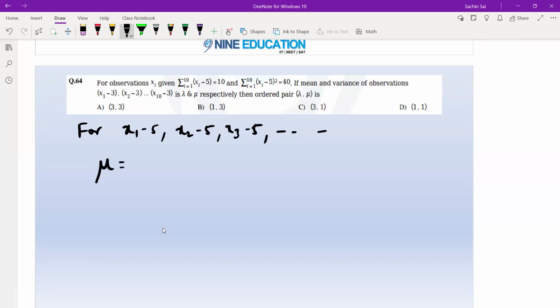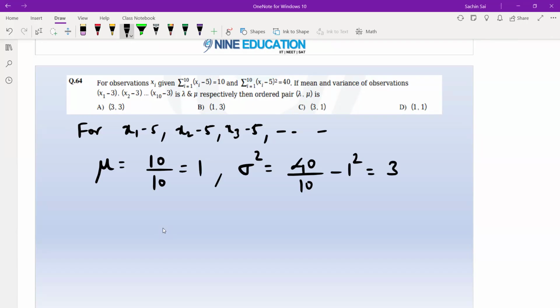The mean is the sum of observations, that is 10, divided by the number of observations, that is also 10, so mean is 1. To find the variance, I need the mean of squares, which is 40 by 10, minus the square of the mean, which is 1 square, this is 3, right?